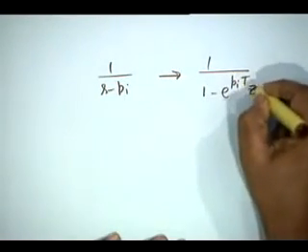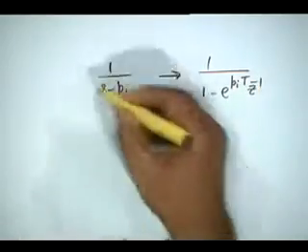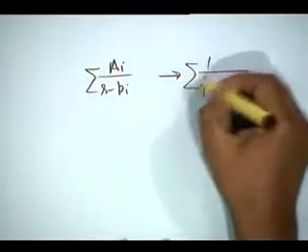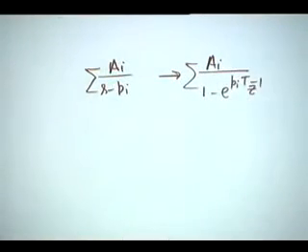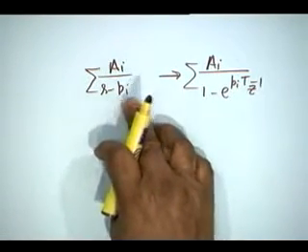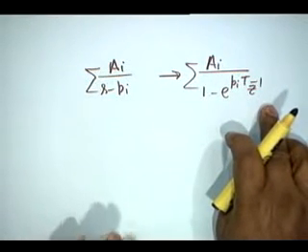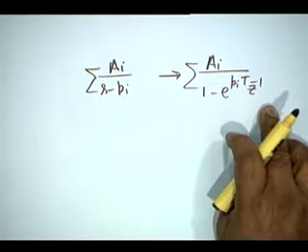How does it? Well, summation a sub i goes to summation a sub i. What we are transforming in this are the poles. The pole at s equal to pi, we find the corresponding pole in the z plane. We have no control over the zeros. Agreed? No control over the zeros.